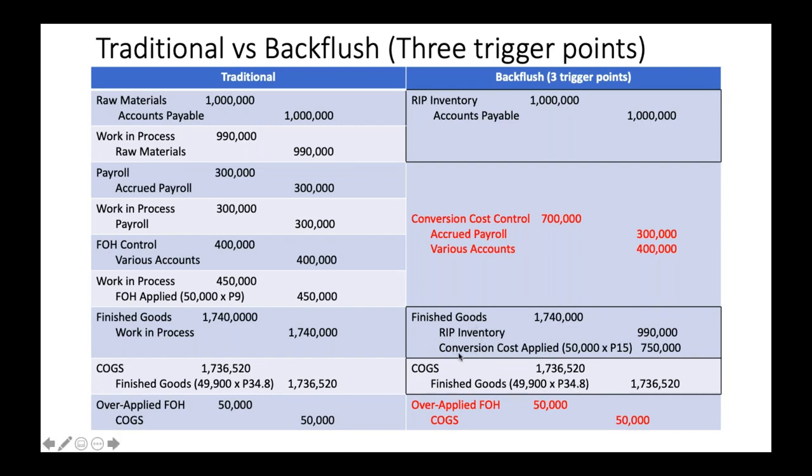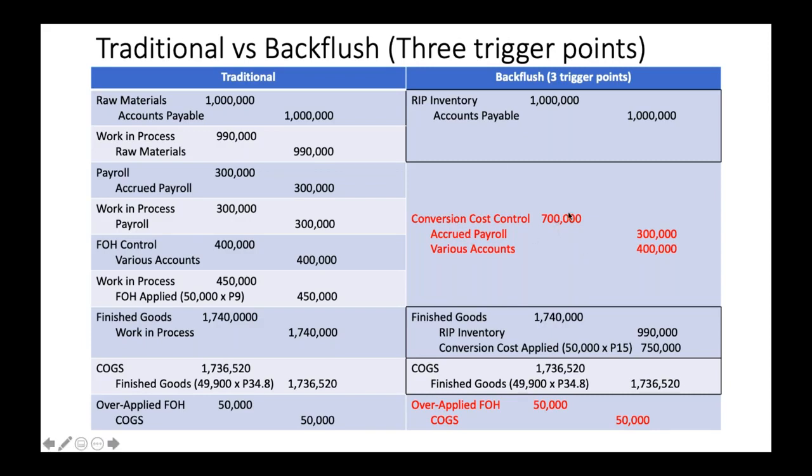We understand that this conversion cost is only applied, so therefore there is an actual cost that we incurred, and therefore you have to look for the actual conversion cost, and that is 700,000. Based on our data, we actually incurred direct labor cost of 300,000 and factory overhead cost of 400,000 for a total of 700,000.